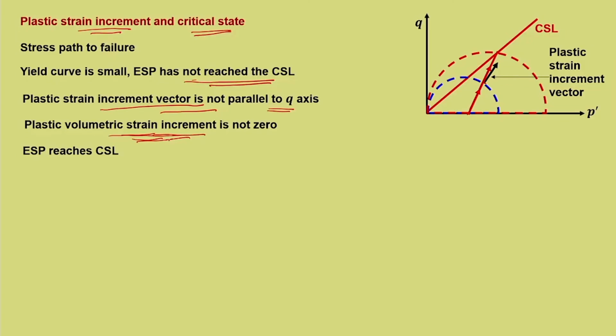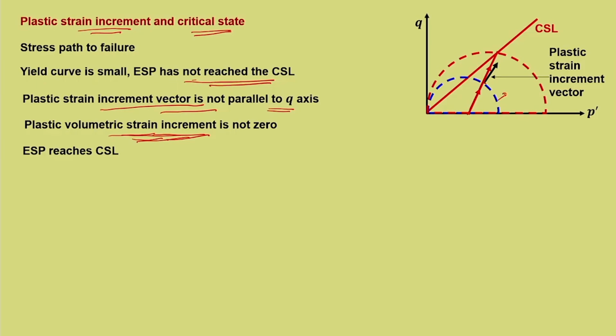We have seen in the previous slide that the increment of the yield curve is dictated by the plastic volumetric strain increment. Now, once it has reached the critical state line, the soil has failed. There is no more question of existence of the soil beyond that. That means the plastic volumetric strain increment cannot happen beyond this.